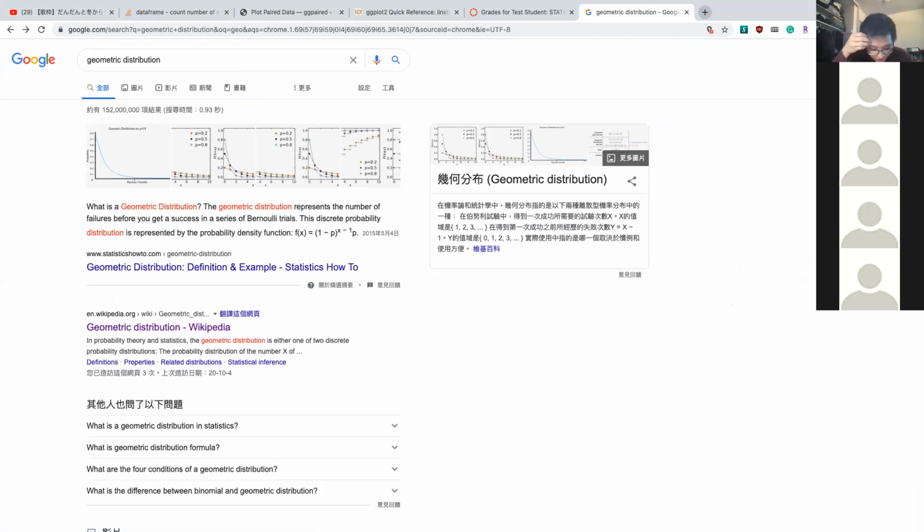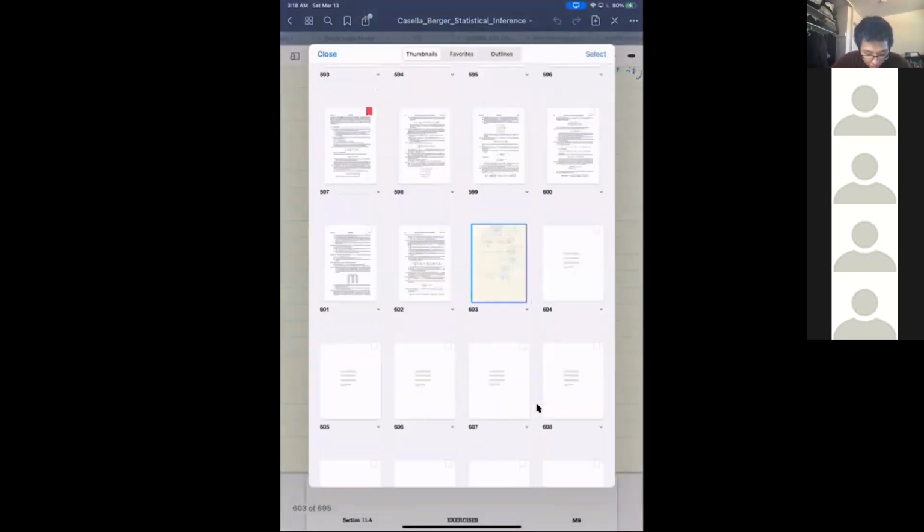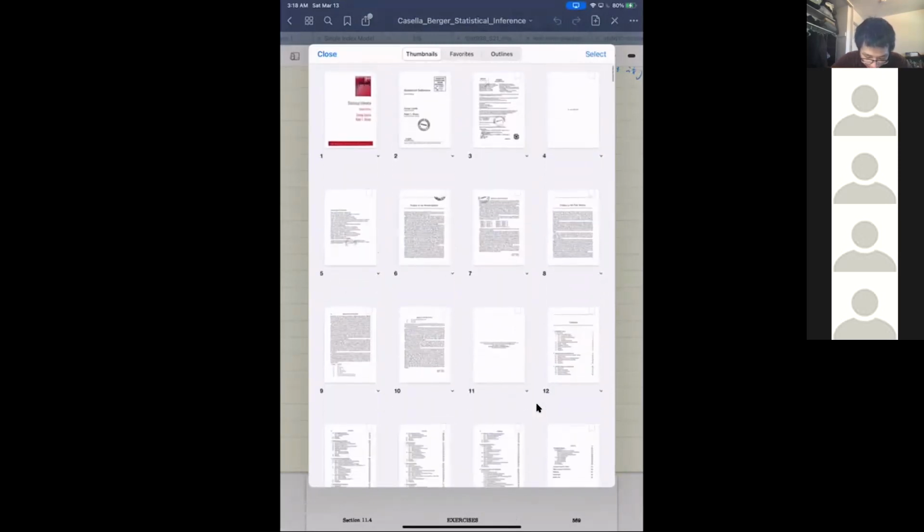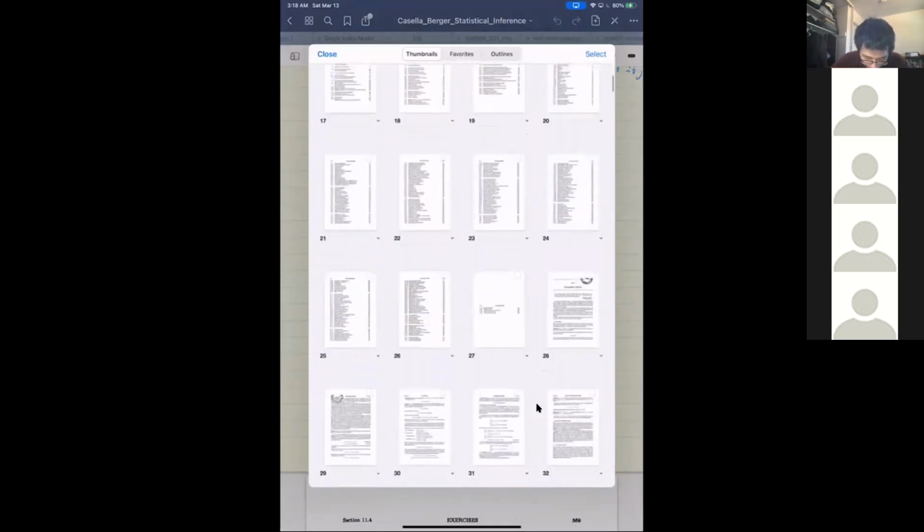Let me see, do we have a distribution table in the textbook? Yes, it's on page 621.